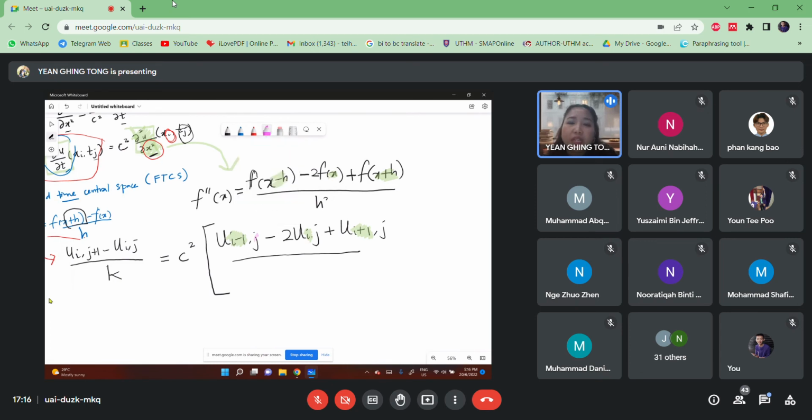Yang ni stay je. Semua tu sama. Ni, j, sebab kita tak ubah. Because this one is respect to x. Okay. So kat sini, h. So this one still lagi kita guna h square.